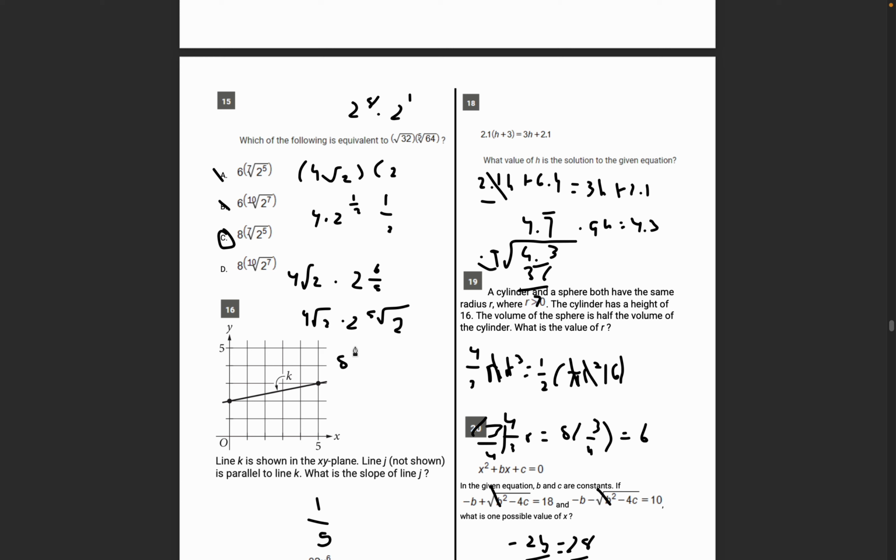So wait, 8 times, and the square root of 2 to the 1/2. So we have 1/2 here. One over 5. But then that wouldn't give us... Wait a second.